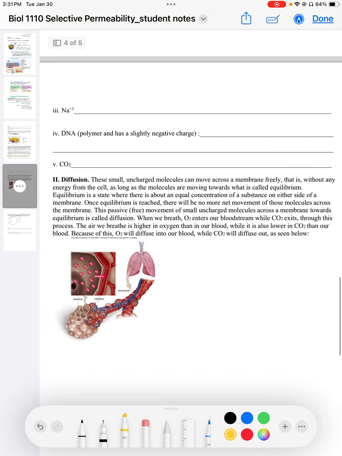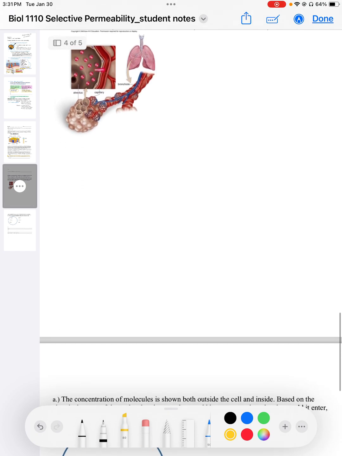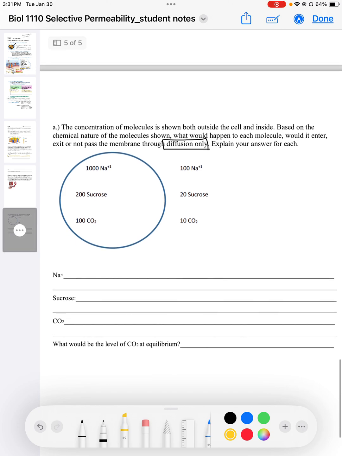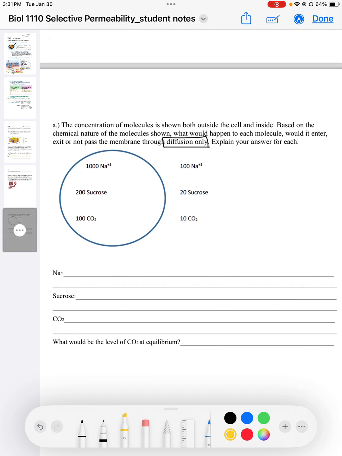Then on the second part, we're talking about diffusion, moving from a higher concentration to a low concentration. And then the third part, which actually is one of my favorite types of problems, is where you're working on answering this question. There's a concentration of molecules shown both outside the cell and inside.